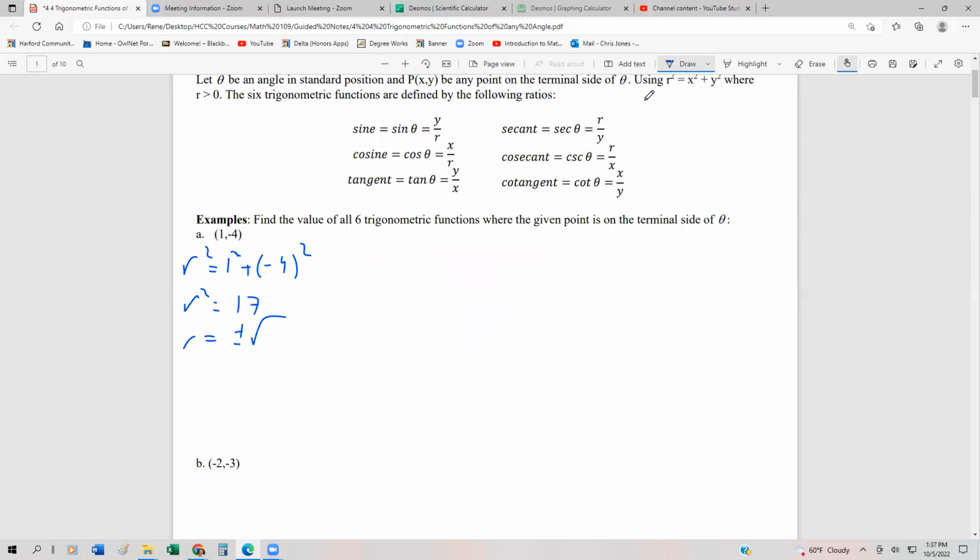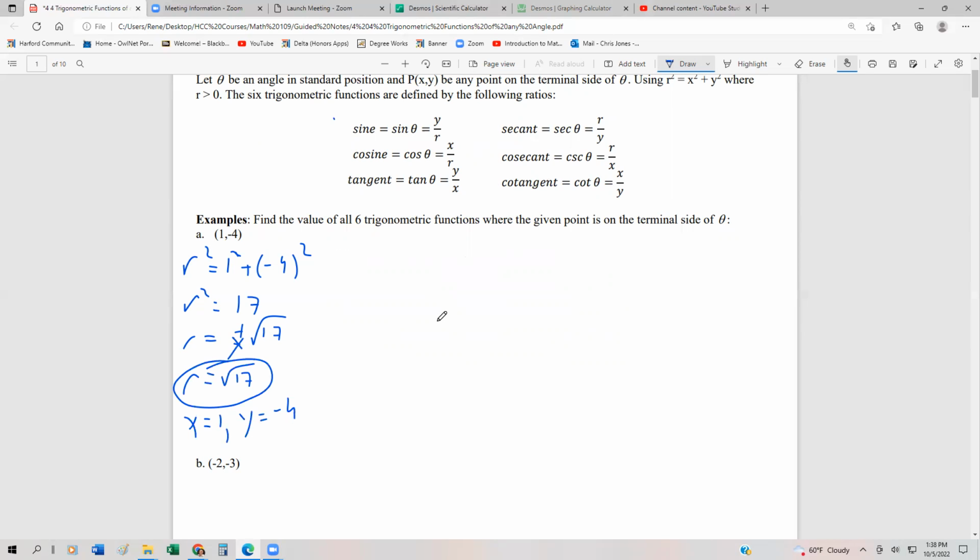Technically r would be plus or minus the square root of 17, but since we're talking about the radius of a circle, we eliminate the negative. So r is the square root of 17, x is 1, and y is negative 4.